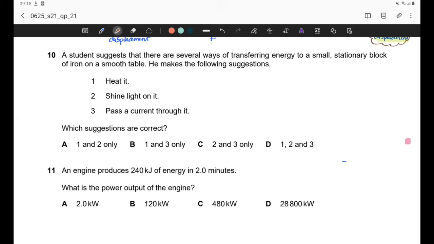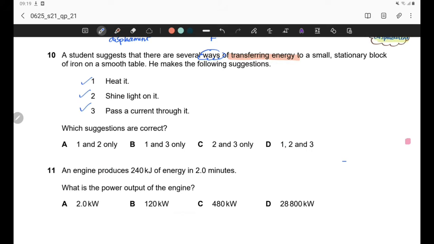So we need to check, in order to transfer energy to a stationary block of iron, which ways are correct. Out of these given three suggestions, which suggestions are correct or show the ways to transfer energy to a stationary block? So we can check each option.